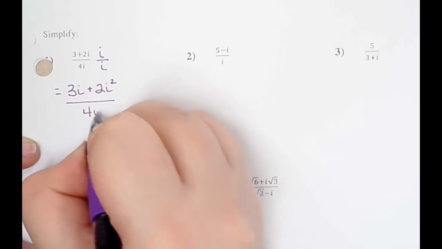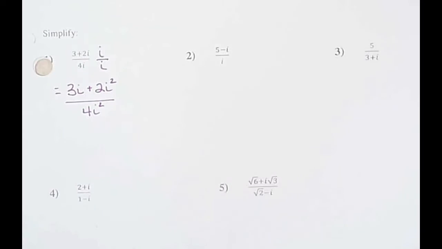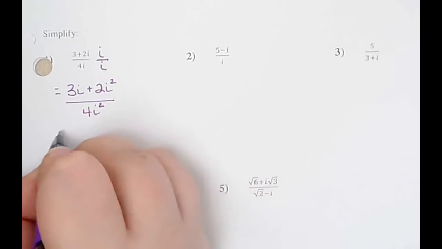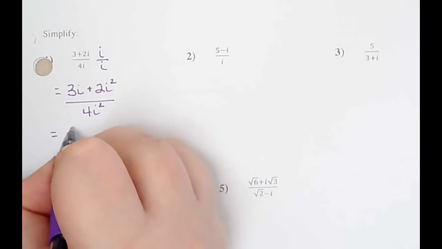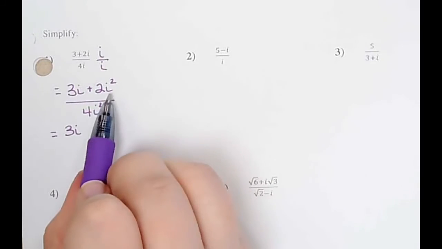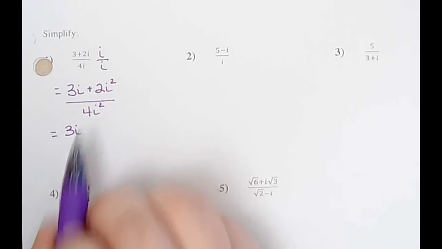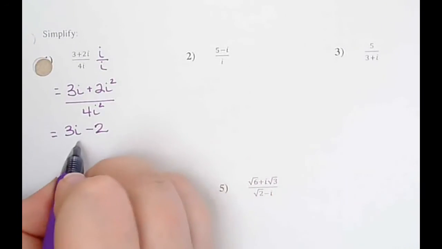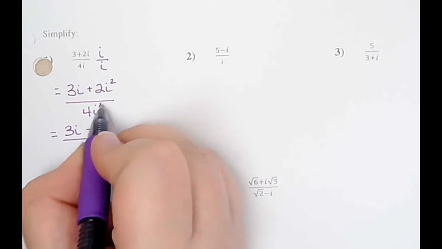And you might be thinking, Miss Burry, why did you do that? It just made it look more complicated. Well, hold on, though. When I do this and when I simplify it, the 3i doesn't simplify at all, so I have to keep that. But I know i squared is the same thing as negative 1. So my positive 2 becomes a negative 2, and on the bottom, I get a negative 4.